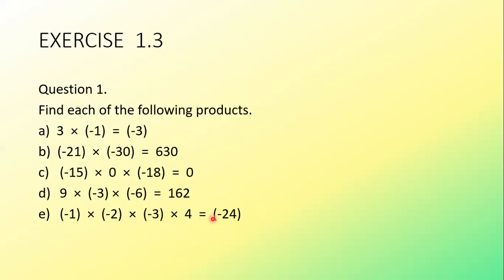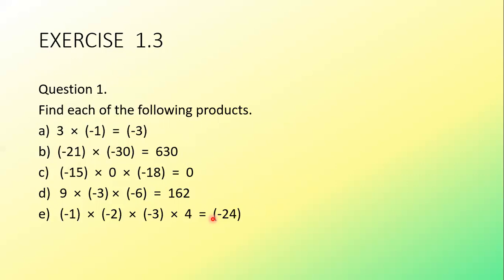For the multiplication of integers, we have to observe the sign. Sign is very important. When two negative integers are multiplied, negative into negative or minus into minus, the answer will be positive. But when we multiply a negative integer with a positive integer, or a positive integer with a negative integer, that means opposite signs are multiplied, the answer will be negative only.